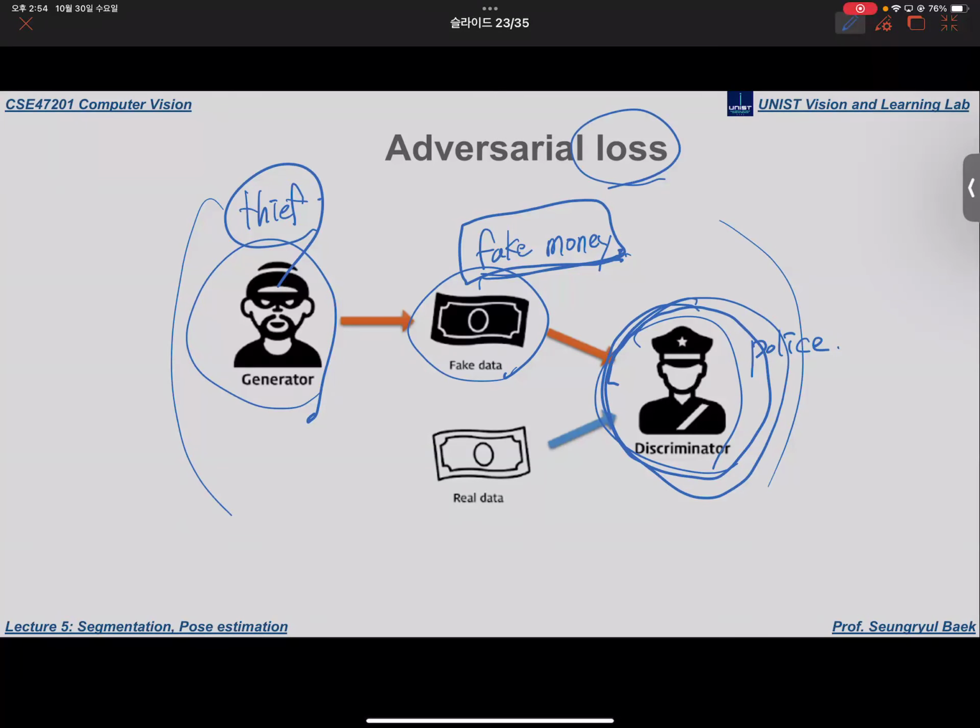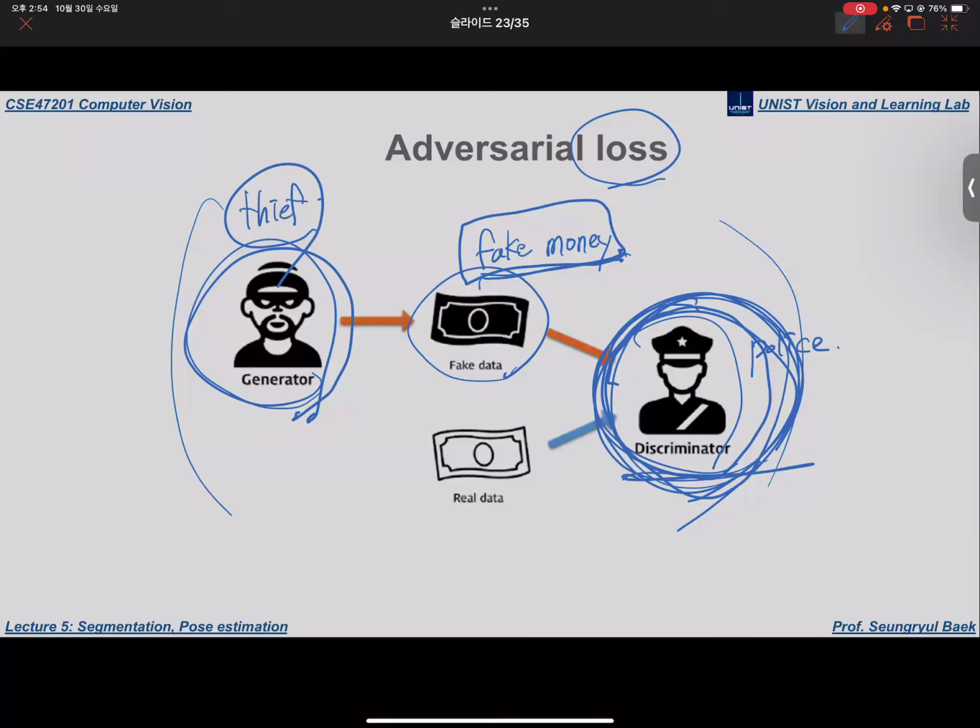This thief will try to deceive the policeman, but there is another network here: the policeman, who wants to discriminate the real money from the fake money. You can now think of the generator and discriminator as independent deep architectures.